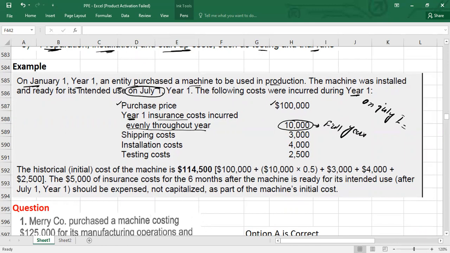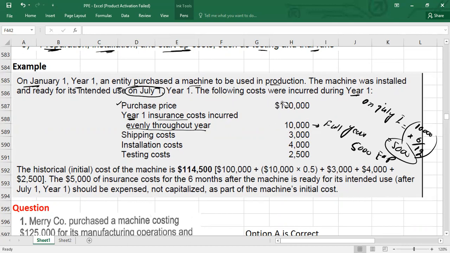It means the cost of those 6 months we can capitalize. For example, insurance cost was 10,000 total, so multiply by 6 over 12. If you solve it, it means $5,000 you can capitalize, from 1st January till 1st July. And from July 1 till December 31st, the remaining 5,000 you will record as expense. Only it means the capitalized cost will be this 100,000.